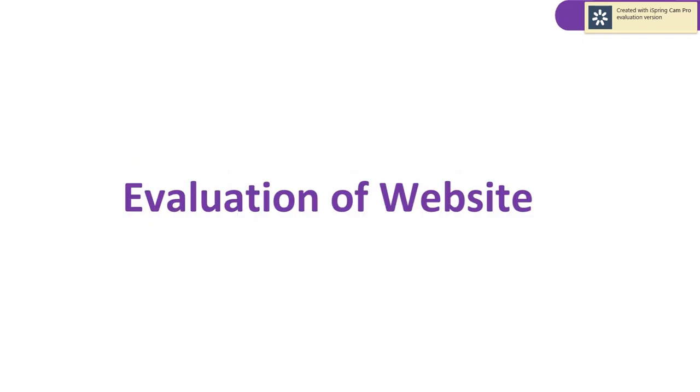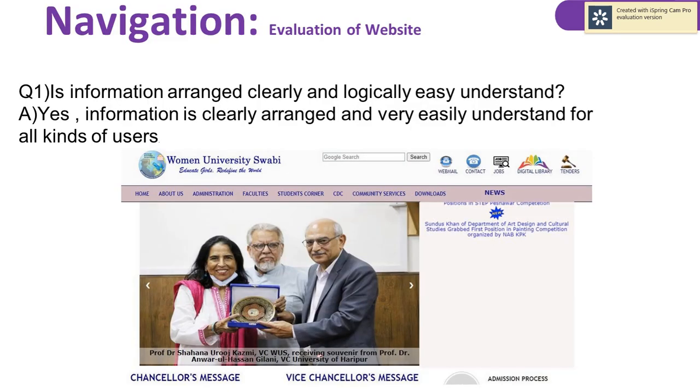Now we are moving towards the evaluation of the website. In the evaluation, first of all, we have the navigation. In navigation, we have the question: is information arranged clearly and logically, easy to understand? Yes, information is clearly arranged and very easily understandable for all kinds of users.